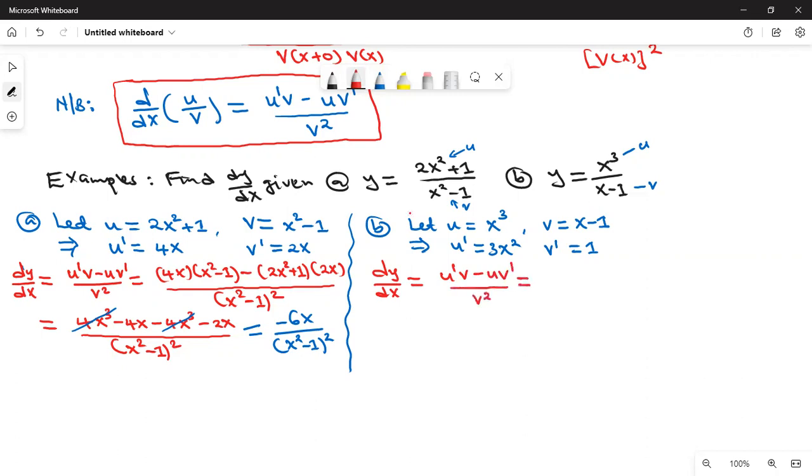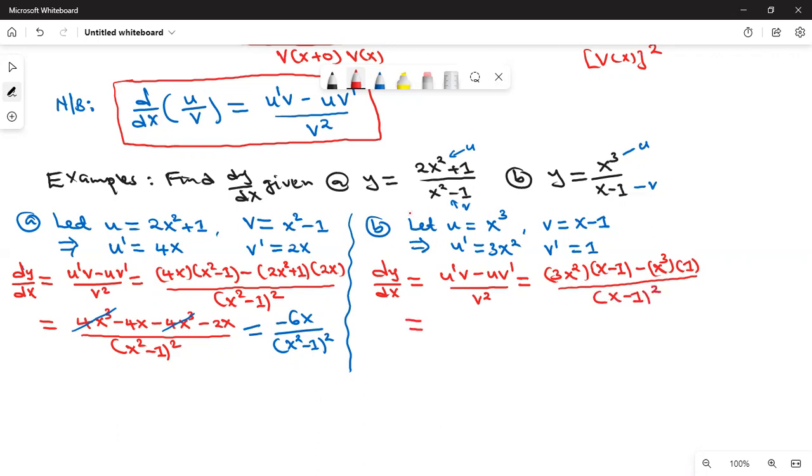When I substitute, u prime is 3x squared times v, which is x minus 1, minus u, which is x cubed, times v prime, that is 1, everything over v squared, x minus 1 squared.